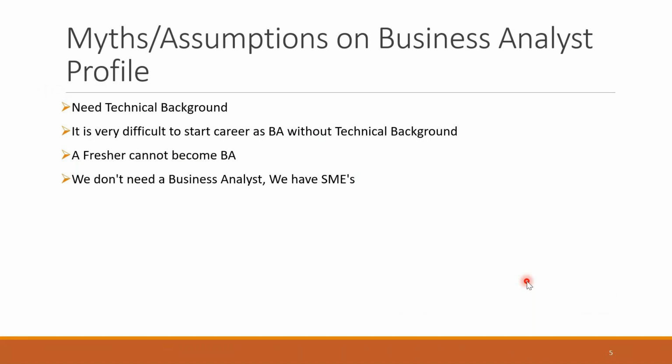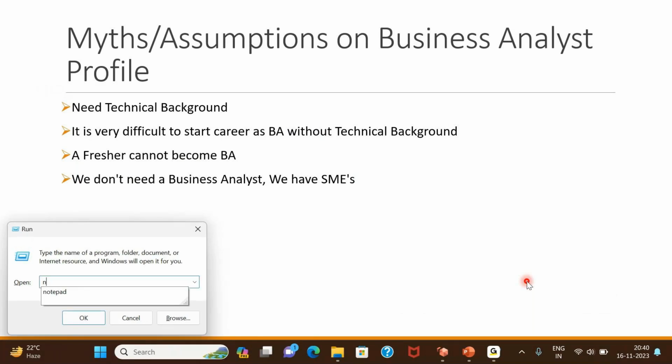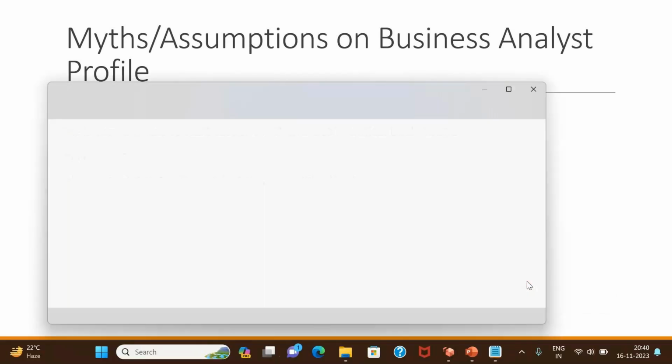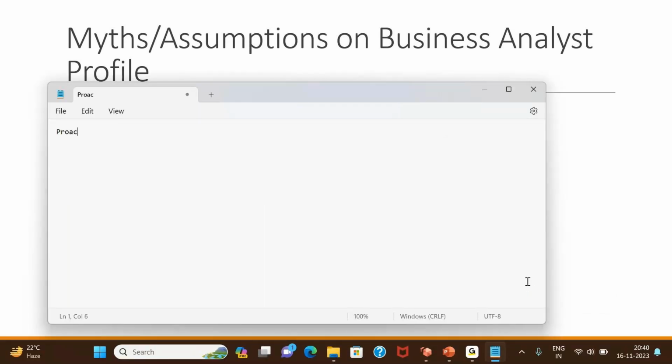So what are some of the myths or assumptions surrounding your business analyst profile? So one is, people often say that the business analyst is supposed to require a technical background. Okay, which is not the case as such. As a business analyst, there are certain skill sets that you require to have a good grasp on. So stuff like being proactive.